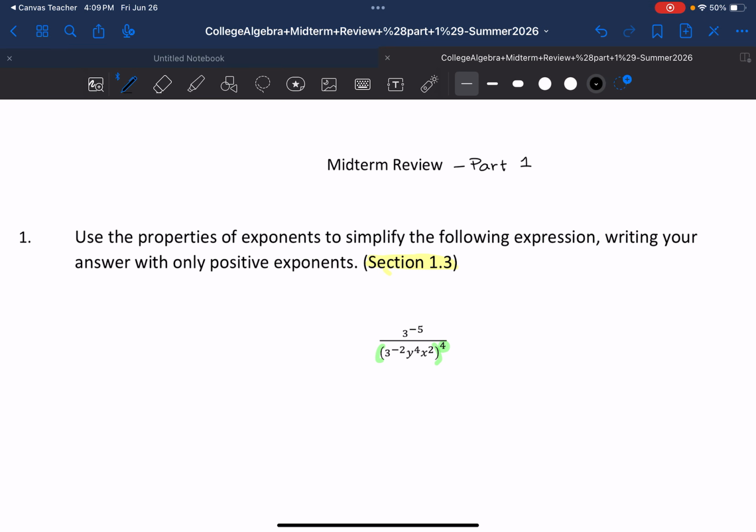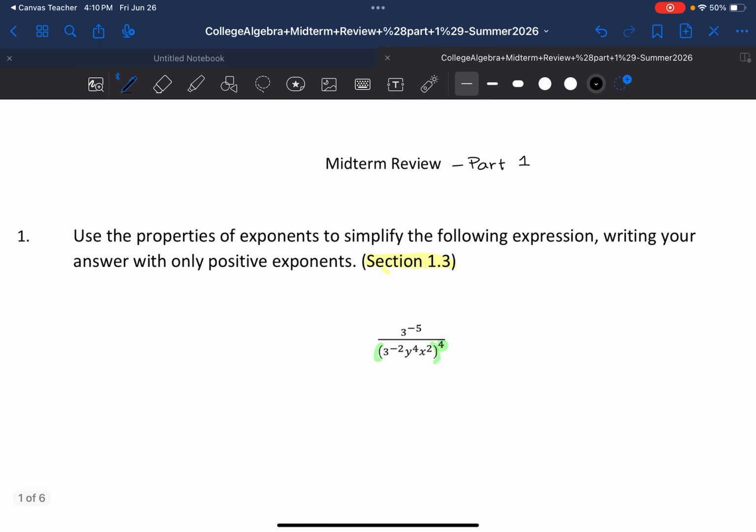So on that formula sheet, I'm going to give you all the exponent rules, but you should have seen them by now at this point in the course. So I'm not going to list them all out here, but I will tell you which one I am using. So for that first one, I will be using the product to a power rule.